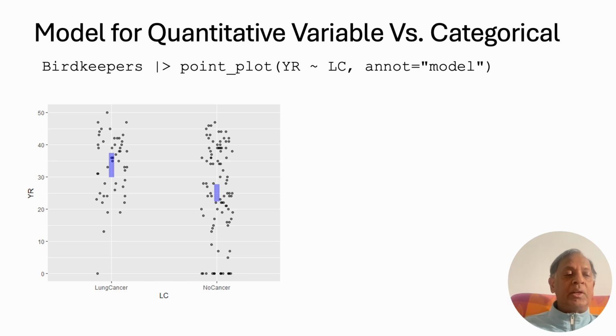Therefore, you can see that for people with lung cancer, the range falls higher, and for people with no lung cancer, the range falls lower. So that's a model for a quantitative outcome variable plotted against a categorical explanatory variable.